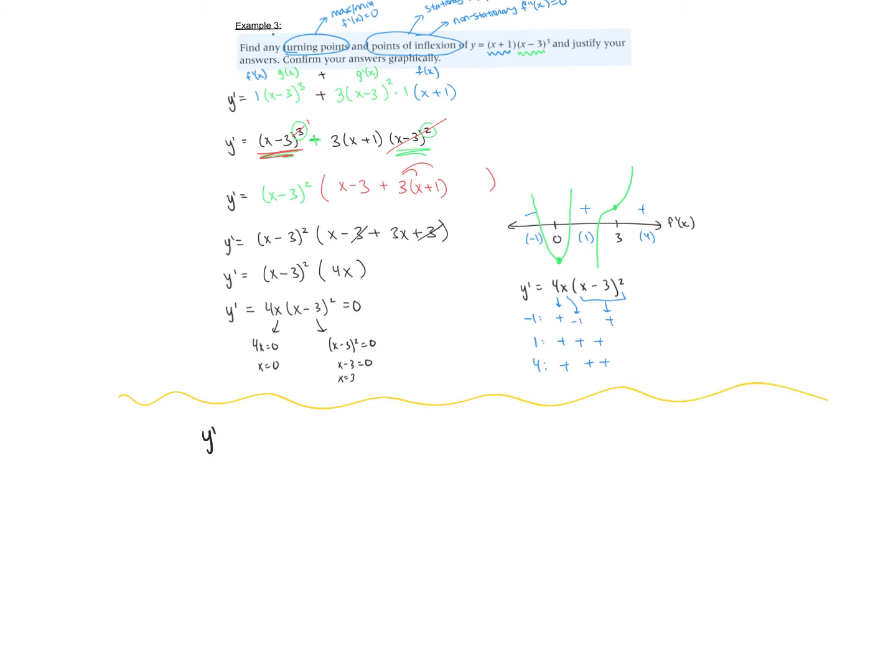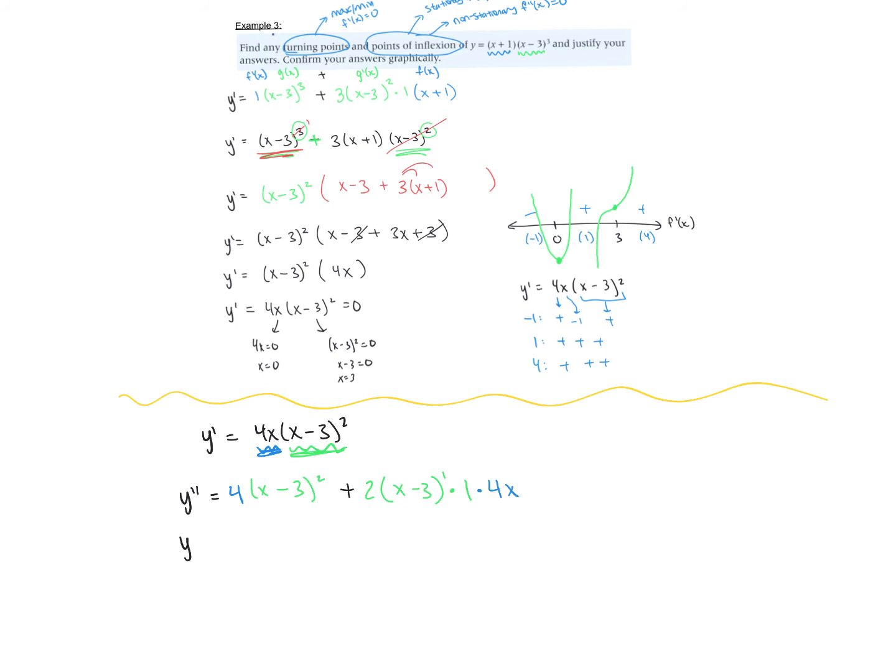Remember that the first derivative is 4x times (x - 3)^2. Again, I'm going to use product and chain. When I take this second derivative, I'm going to do derivative of the first, which is 4, times the second as it is, plus the derivative of the second, which requires chain rule: derivative of the outside, leaving the inside the same, times the derivative of the inside, times 4x, the first function.